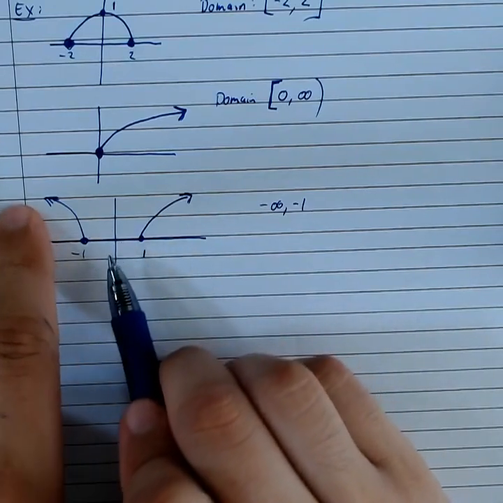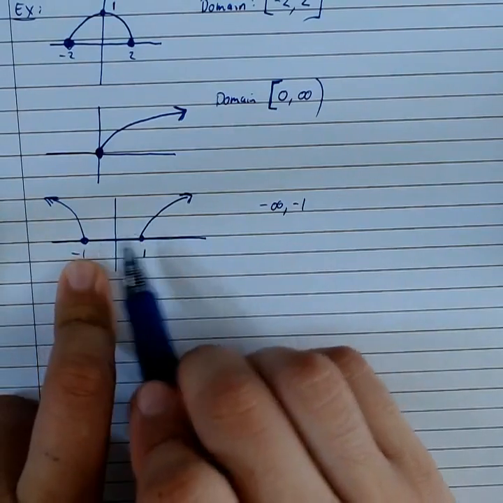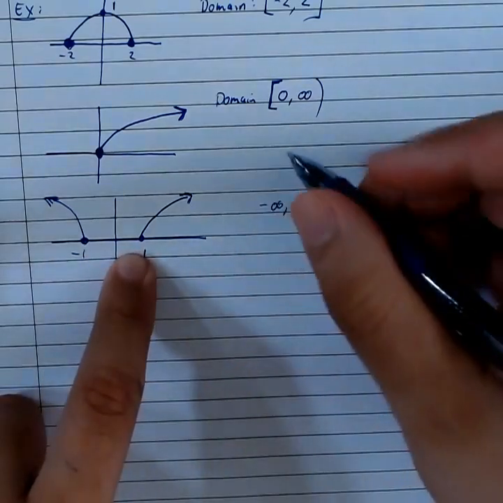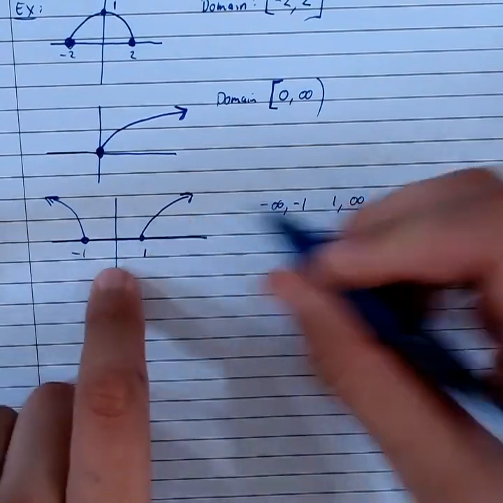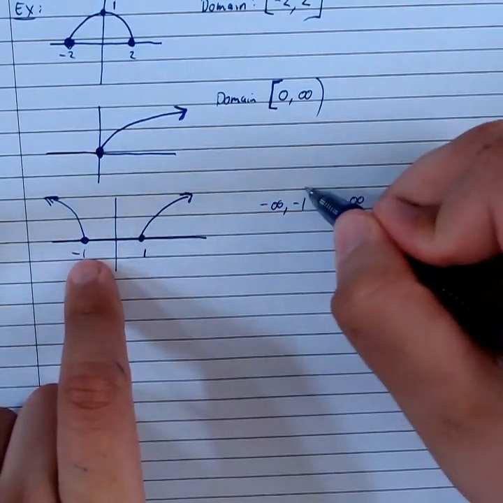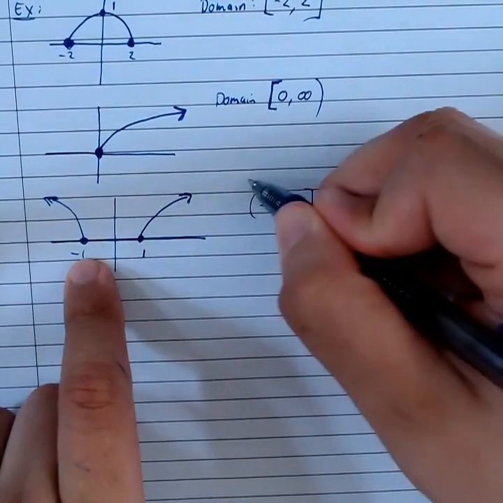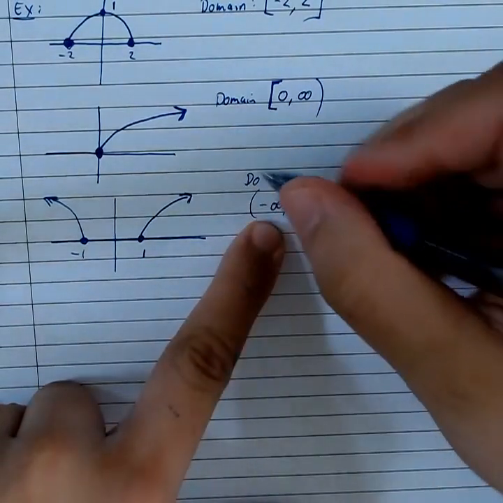So I have to cut this into two parts, from -infinity to -1, and then the graph doesn't exist between here and here. Oh, but once I get to 1, then it starts to exist again. So from 1 to infinity. Notice that it's including both of those endpoints. So I'm going to put a square bracket on each of those, but it cannot include my infinities because those are not numbers. They're not part of the domain.